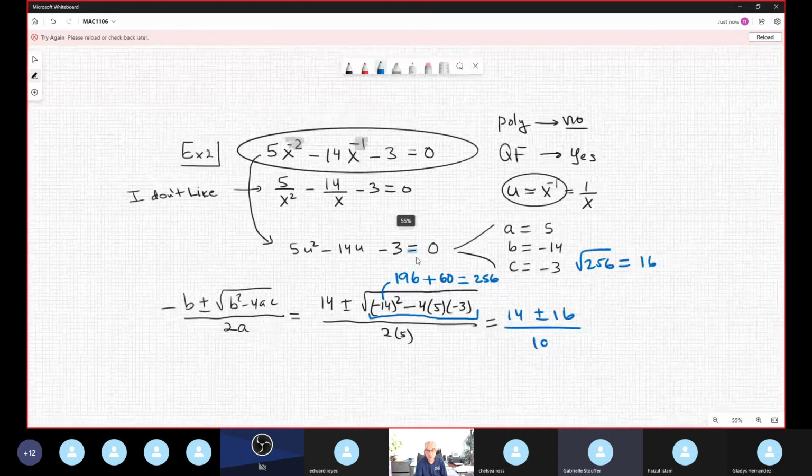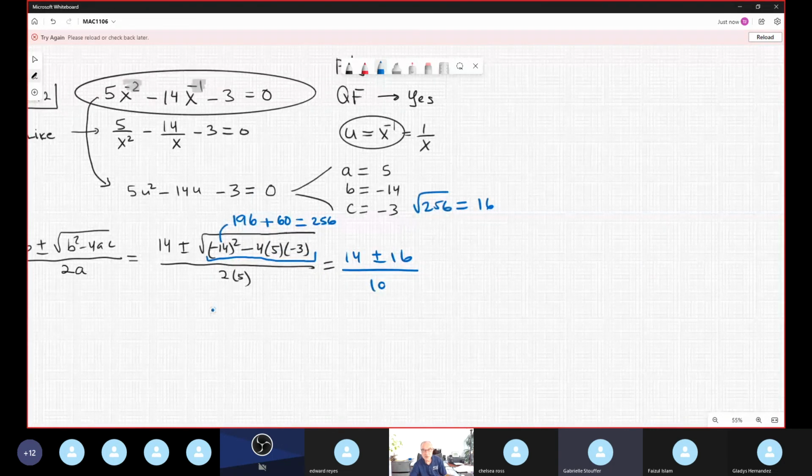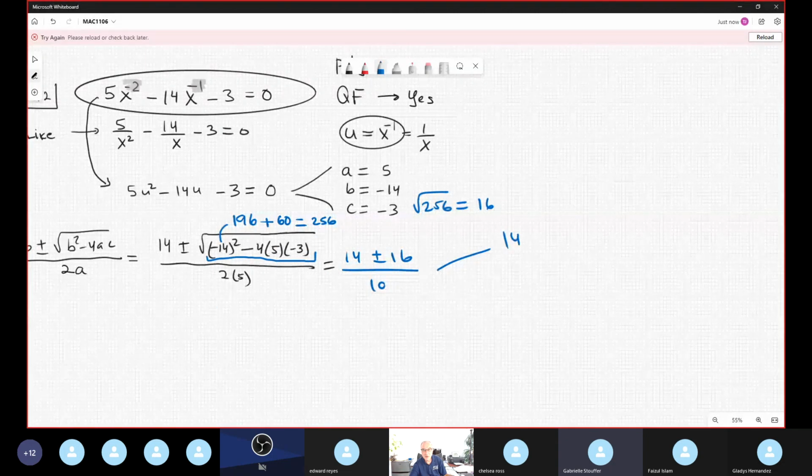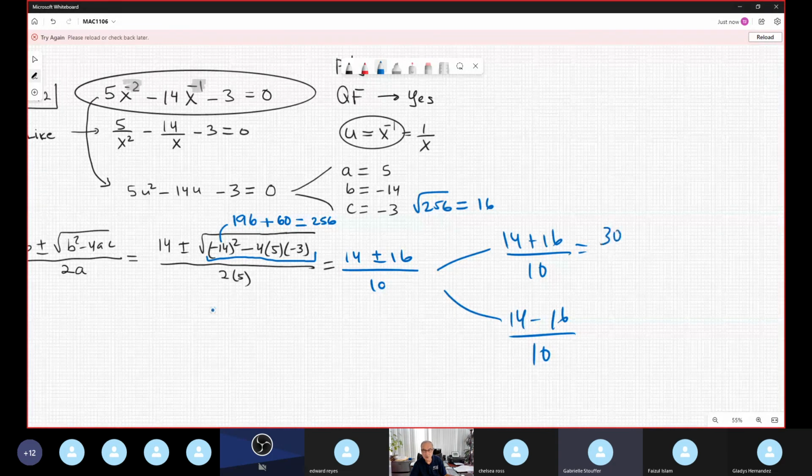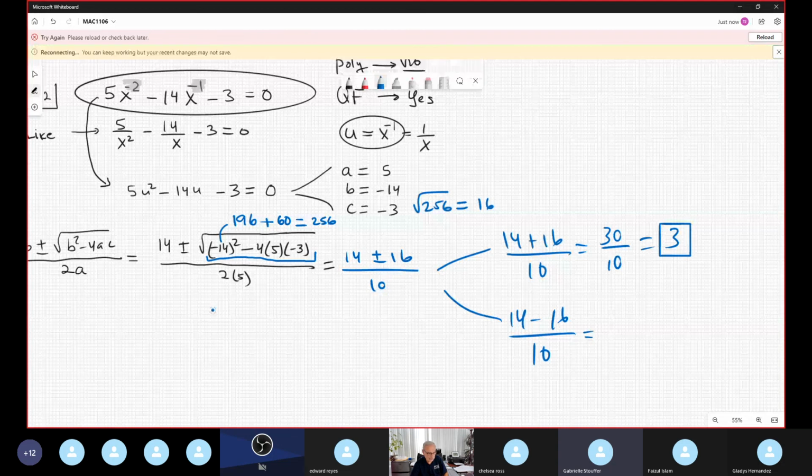So you separate it into two pieces: 14 plus 16 over 10, and 14 minus 16 over 10. This is 30 over 10, which is 3. Boom. And this is negative 2 over 10, which reduces in lowest terms to negative 1/5.